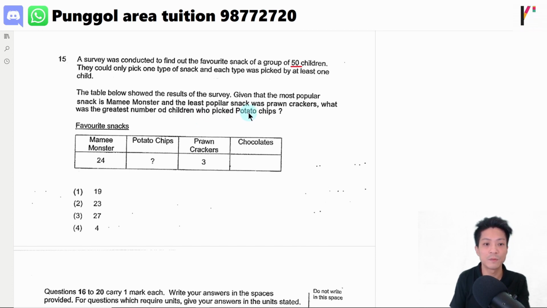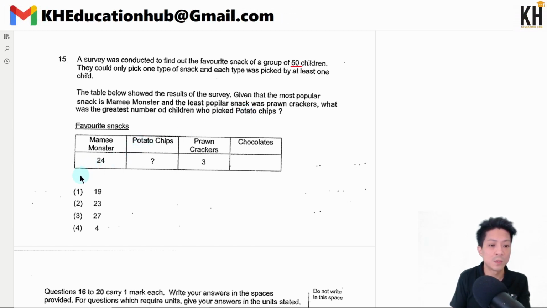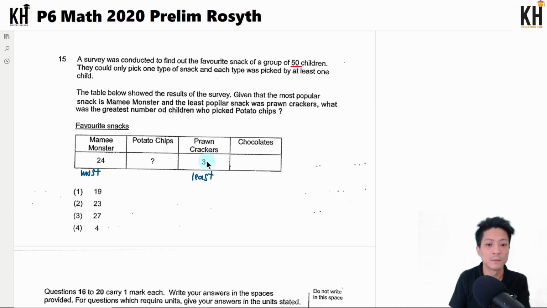So there are 50 children. The most popular is Mummy Monster, so this is the most popular and this is the least. What is the greatest number of children who pick potato chips?